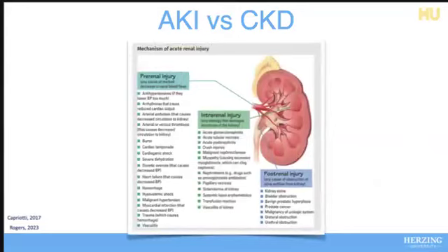Now, the stages of acute kidney injury, according to Kidney Disease Improving Global Outcomes, or KDIGO classification. We have stage 1, which is an increase in serum creatinine by greater than or equal to 0.3 within about 48 hours, or an increase to 1.5 to 1.9 times their baseline.